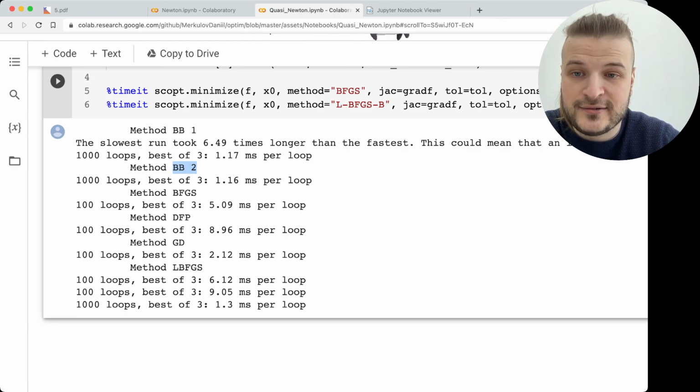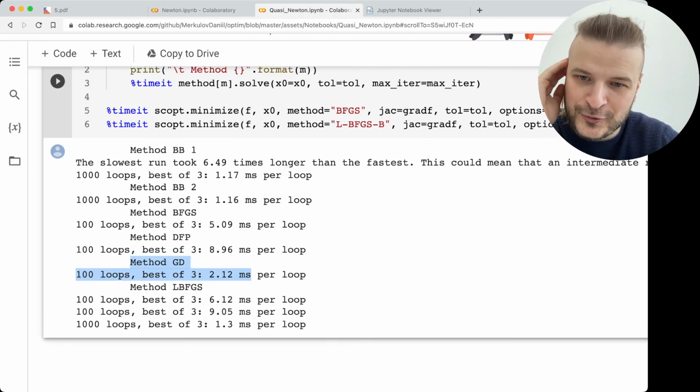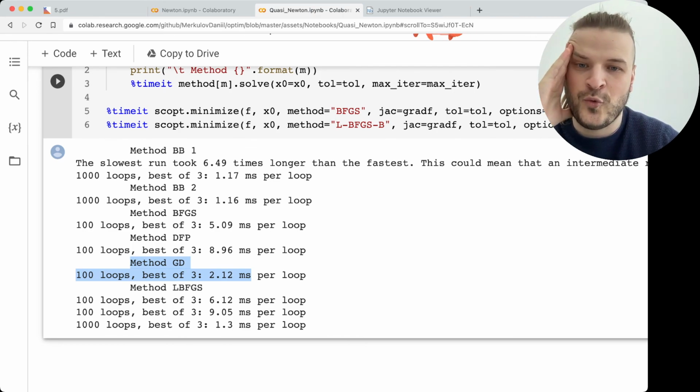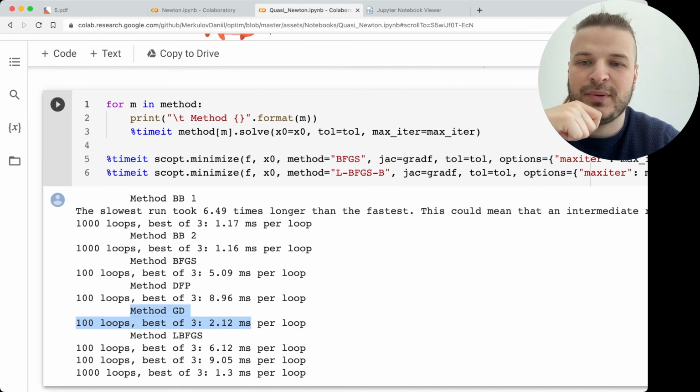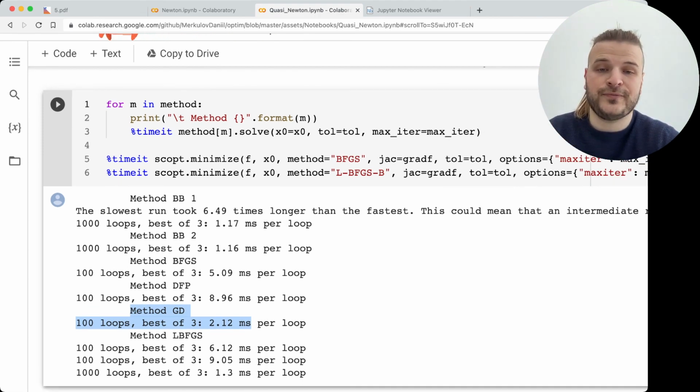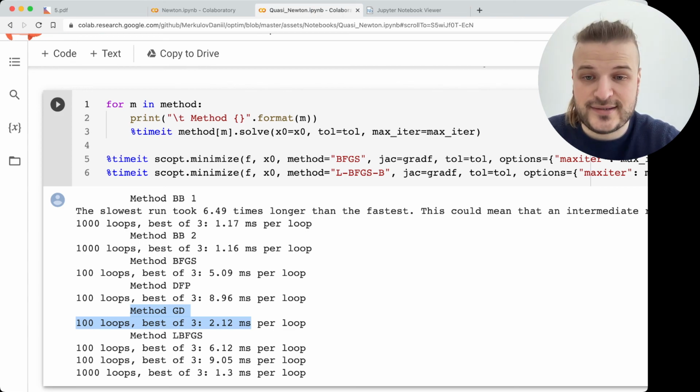The same idea holds here, but here we have a gradient descent which takes more time than BB1 or BB2 because of the incorrect step size selection.